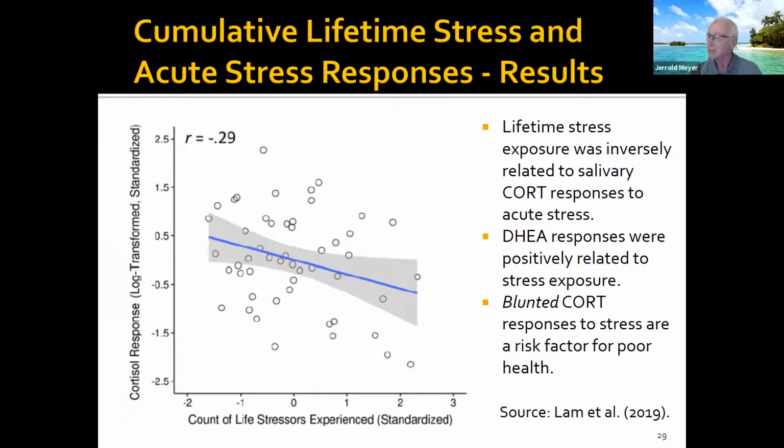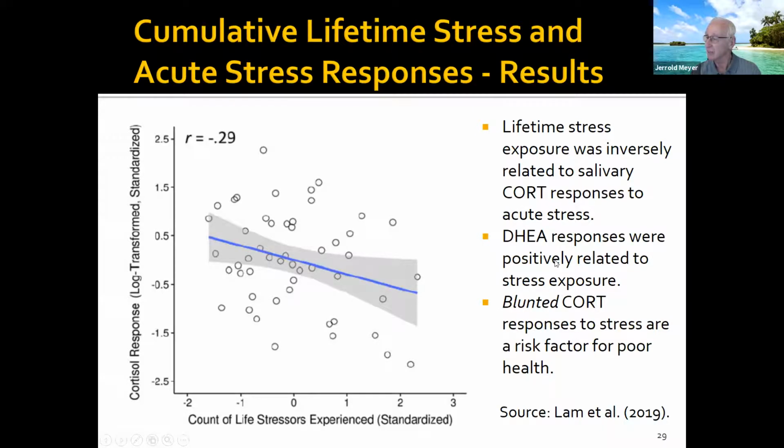It wasn't stress, it was daily cortisol output, but it's a similar idea. So more lifetime stress is related to, maybe caused, possibly caused, a reduction overall, on average, a reduced cortisol response to the acute stress.